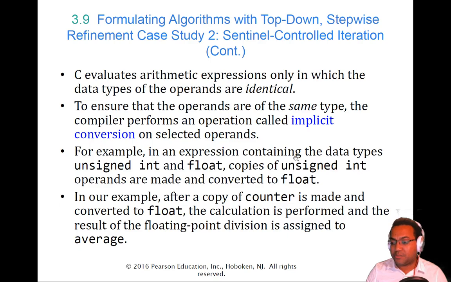For example, in an expression containing the data types unsigned int and float, copies of unsigned int operands are made and converted to float. In our example, after a copy of counter is made and converted to float, the calculation is performed and the result of the floating point division is assigned to average. Meaning, the data type of average is still int. What we did was we said the copy of the output needs to be a float.